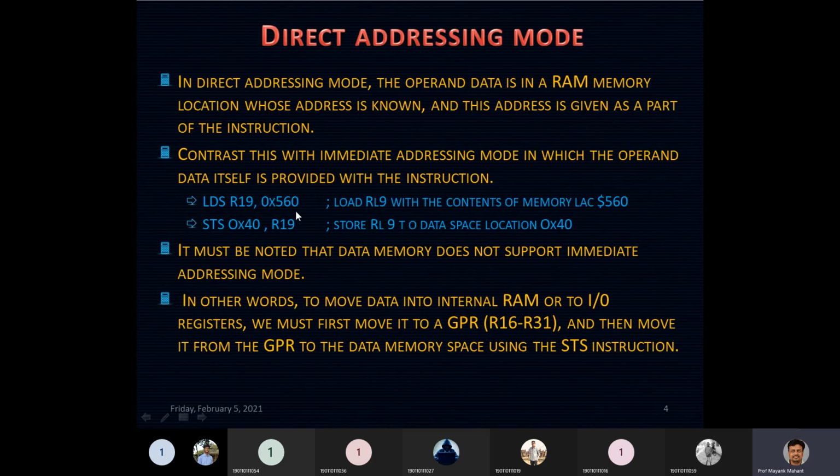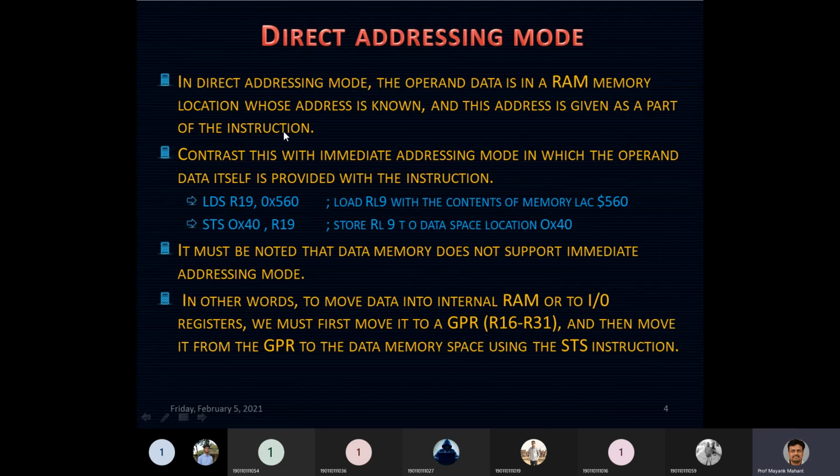So if I want to access data from, let's say, address 560 in RAM, I can use direct addressing mode. Two instructions we already talked about, LDS and STS. Contrast that with immediate addressing mode, in which the operand data itself is provided with the instruction.